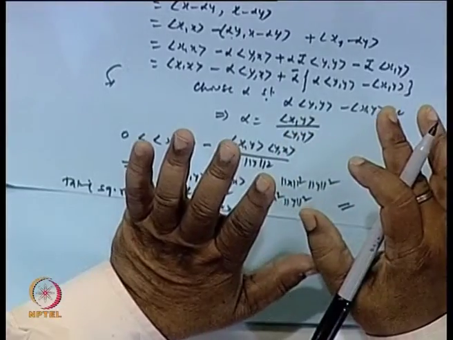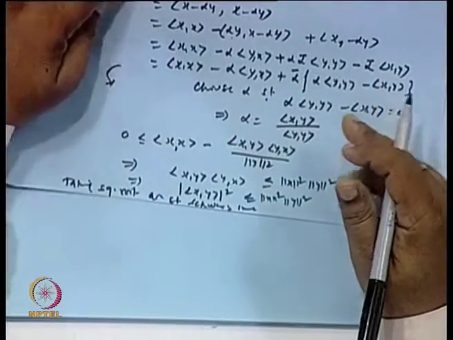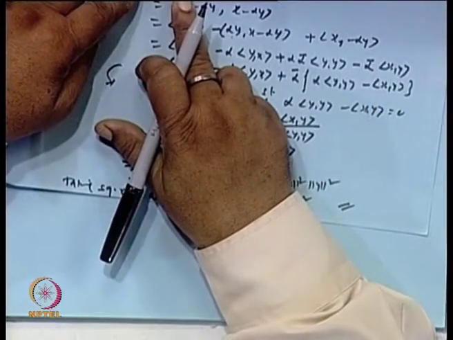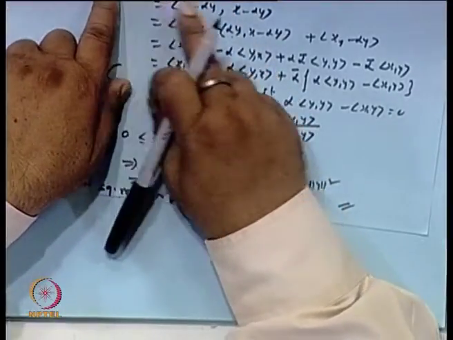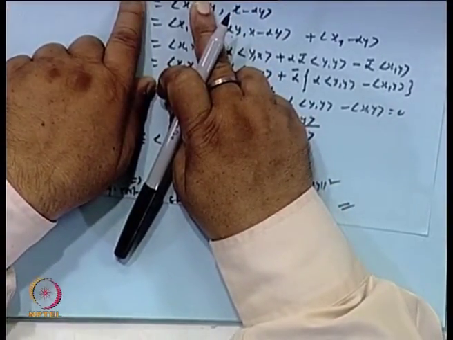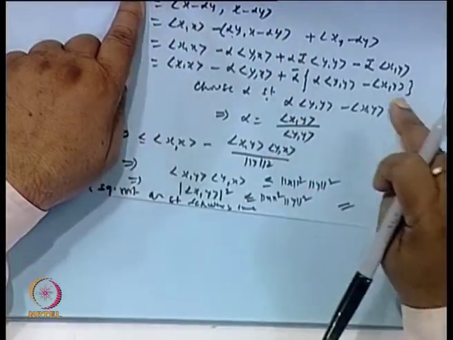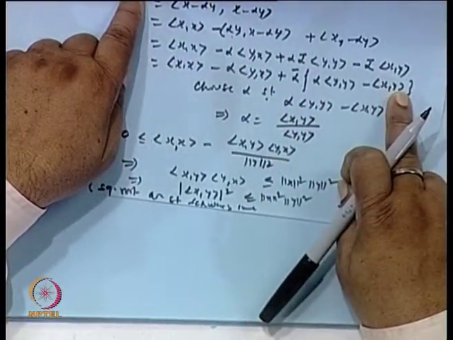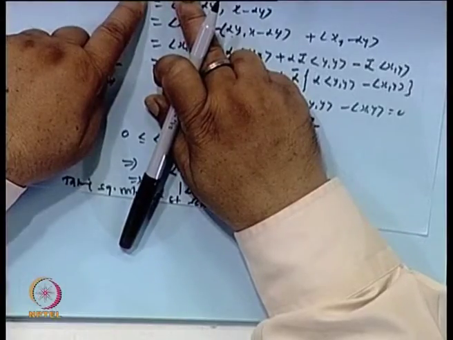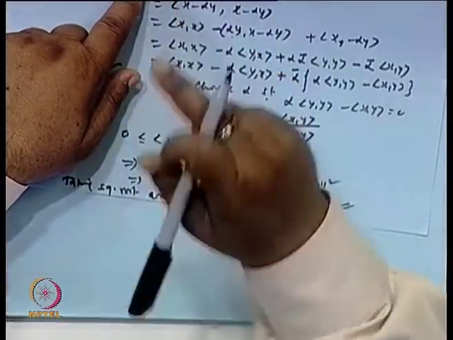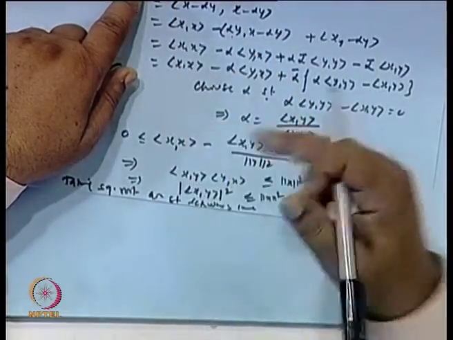Means we have to pick alpha in such a way that this condition is satisfied, clear, because what I am saying is a particular case. For any alpha this result is true. So, I can choose a particular alpha for which this is 0, is it not? That is possible, because that particular alpha also satisfies this condition. So, it will not violate the assumption with which we started.